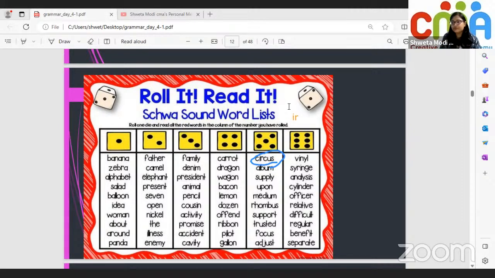Okay. So roll the dice again, Varsha. Type the number which comes. Again, it is 5. So Sushma, can you read the second word of fifth column? Okay, I have to unmute.